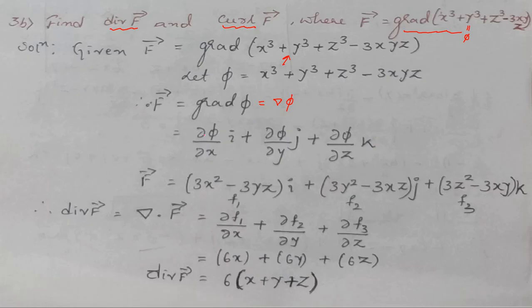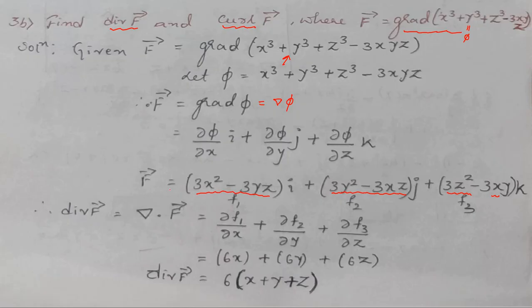Grad phi is nothing but del phi, which is del phi by del x i plus del phi by del y j plus del phi by del z k. Now go with the partial derivatives. I got phi with respect to x as 3x square minus 3yz, phi with respect to y as 3y square minus 3xz, and phi with respect to z as 3z square minus 3xy.